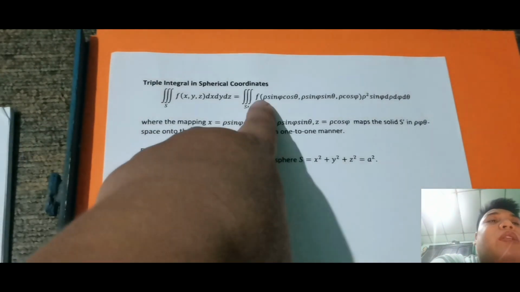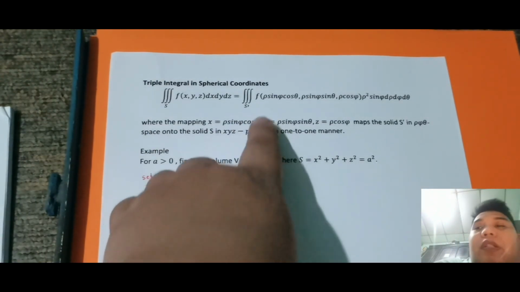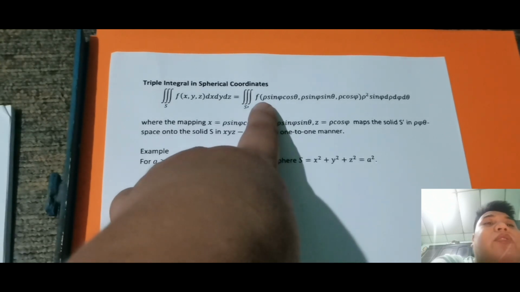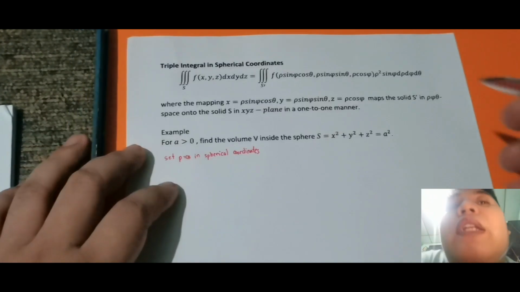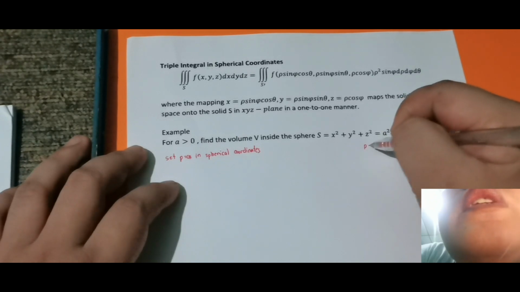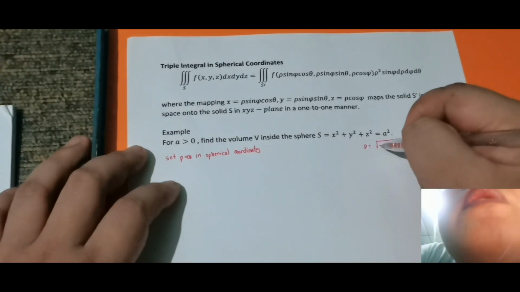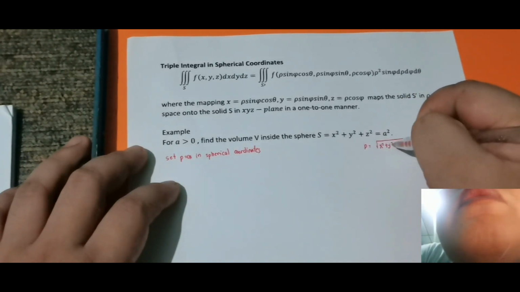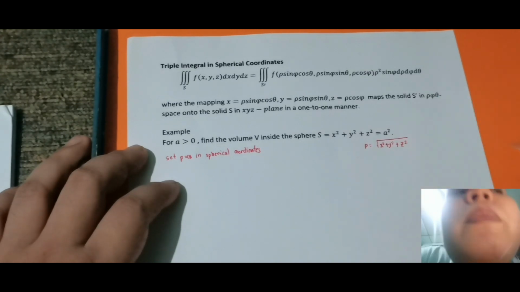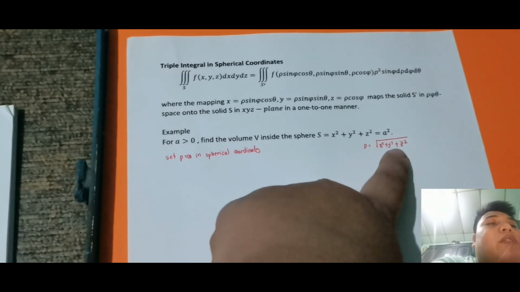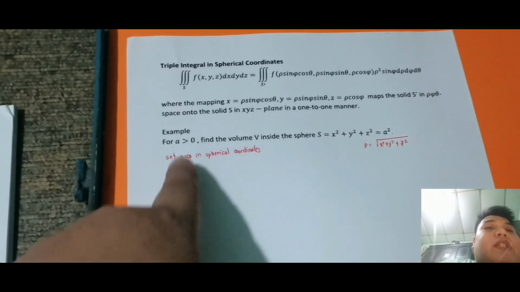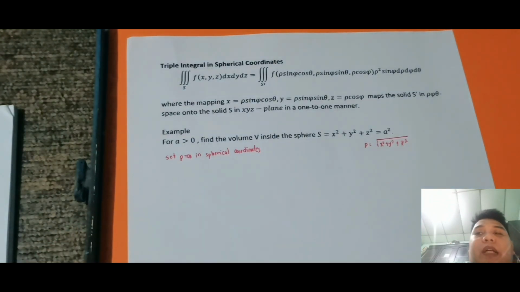Aware tayo na yung rho is yung radius kasi yan yung square root ng x squared plus y squared plus z squared. Papalitan mo yung x squared plus y squared plus z squared ng a squared, so ang square root niyan is just a. So, tama itong ginawa natin.